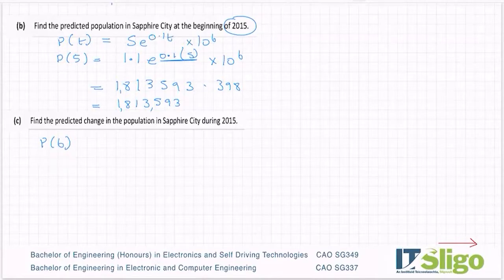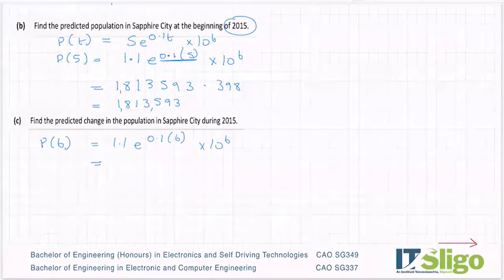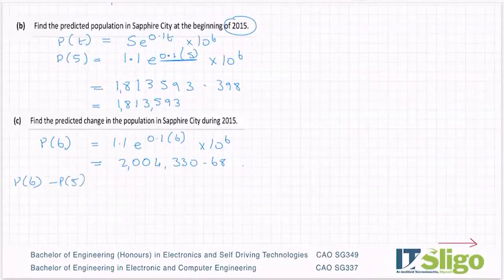Okay, so P6 is 1.1 e to the 0.1 times 6, by 10 to the 6. Put that into your calculator. I have the old one still here in my calculator, so I'm just hitting back, changing the 5 to a 6. So I've got 2,004,330.68. If I do P6 minus P5, then I'll get the predicted change.